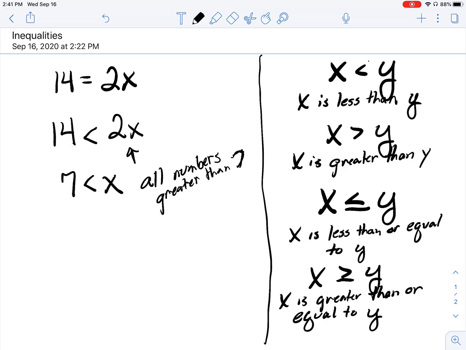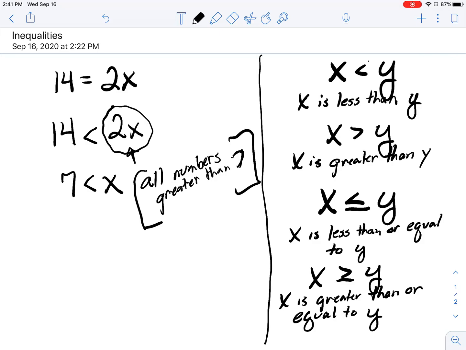I'm still looking for a number that 2 times that number relates to 14. But instead of having one single answer that equals 14, I have an entire set of answers that will fulfill that inequality. I have a huge set of answers that will be the solution to this, all numbers greater than 7.